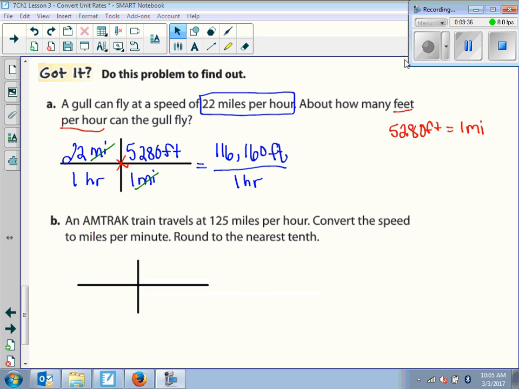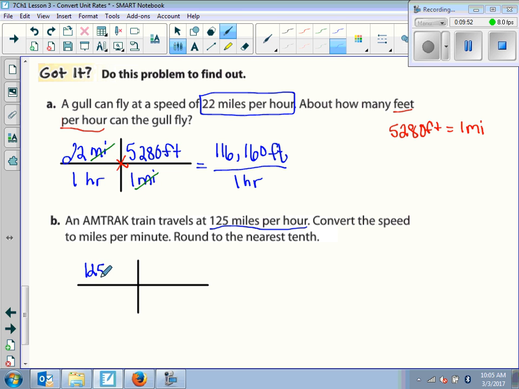All right, for the second example, we're going to do the same thing. We want to write our original rate. So that's 125 miles per hour, right? So it's 125 miles in 1 hour. Okay? Now we want to convert to miles per minute. So the conversion factor, or the unit ratio, is what?